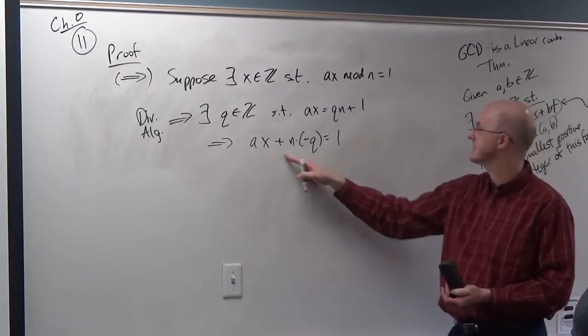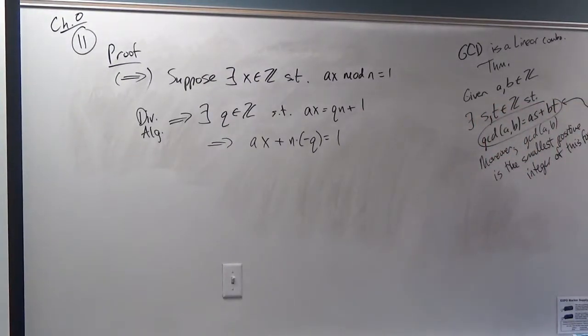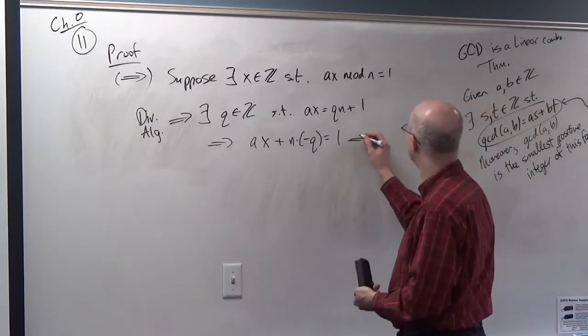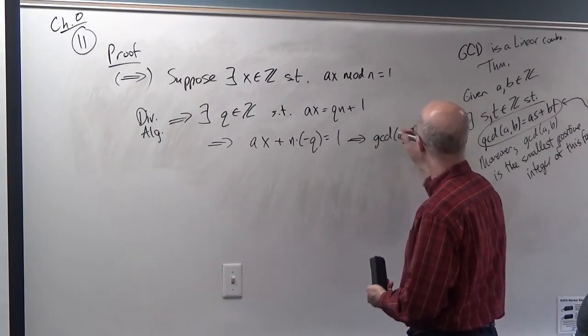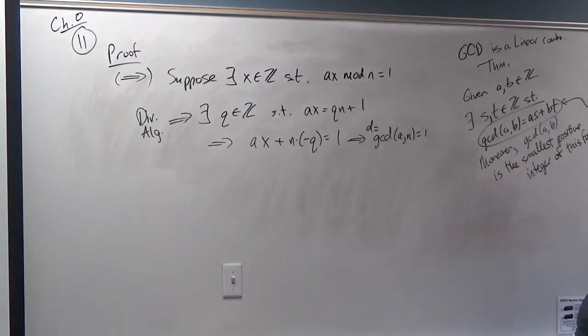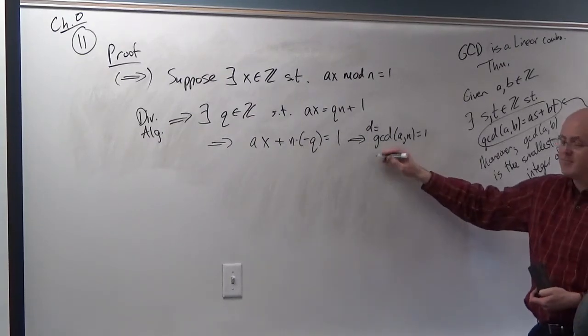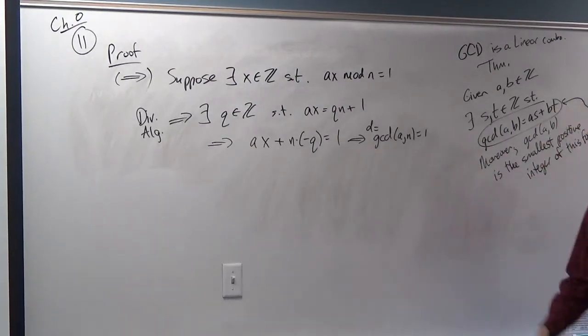We've got something in this form equaling 1. The GCD of a and n must be 1. That's what we're calling d here. And that does it. You should say, by the GCD's linear combination theorem. And again, I'm writing implications to save some time. You should write sentences, as usual.